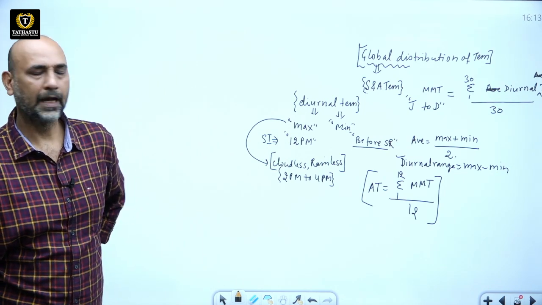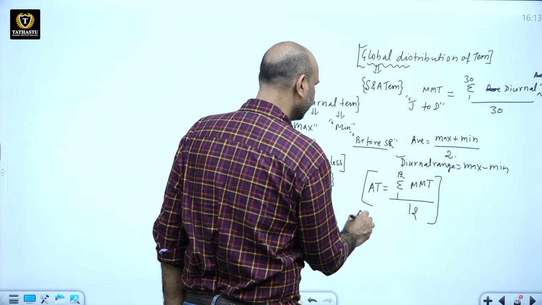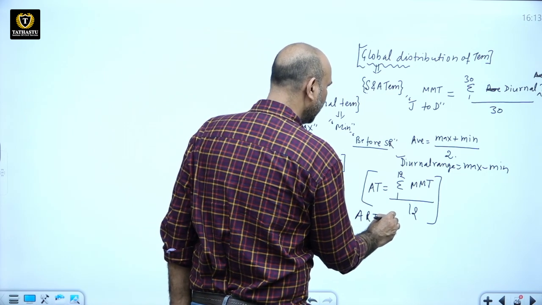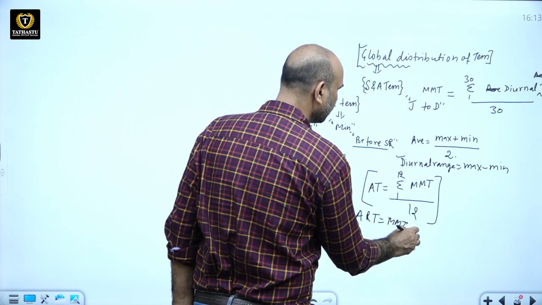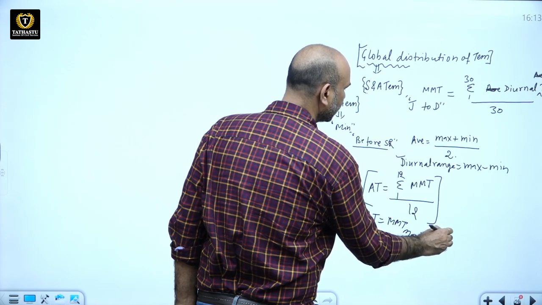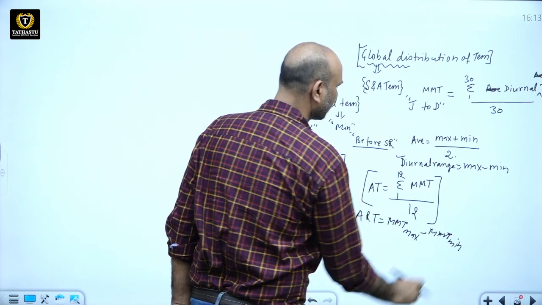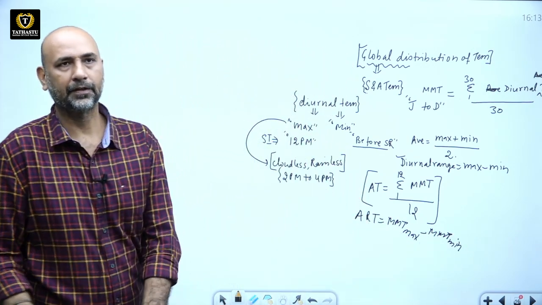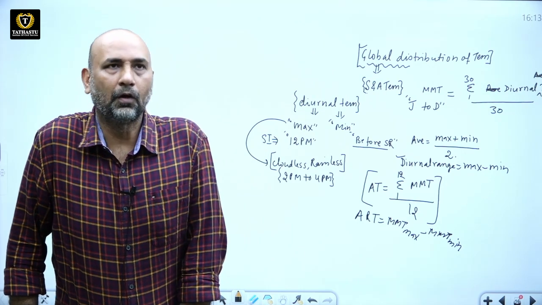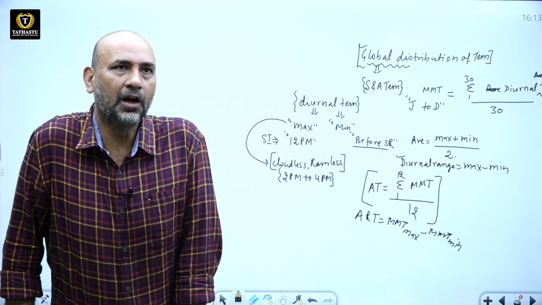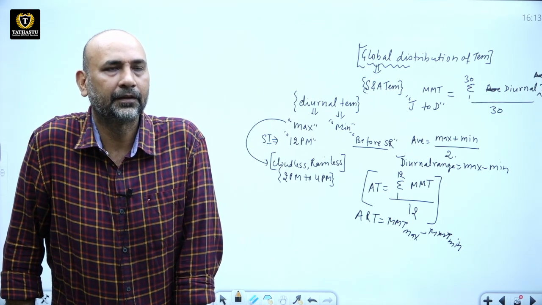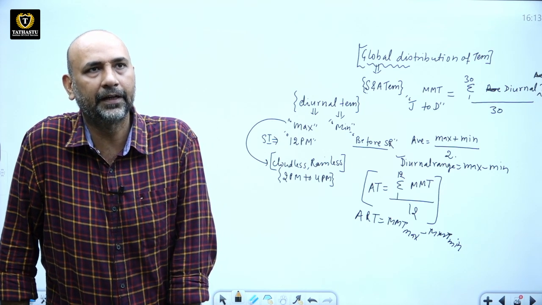That is described as the annual range of temperature: mean monthly temperature maximum minus mean monthly temperature minimum. That is called annual range of temperature. So, what is short-term temperature variability and short-term temperature variation?